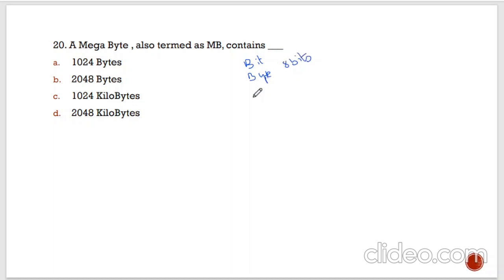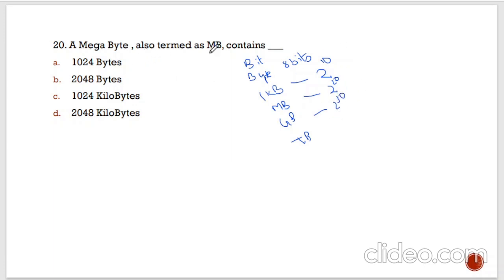After that we have 1 kilobyte, megabytes, gigabytes, terabytes. 1 KB is 2 power 10, 1 MB is 2 power 20, 1 GB is 2 power 30, and so on.